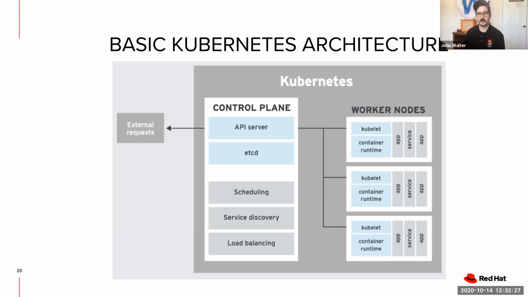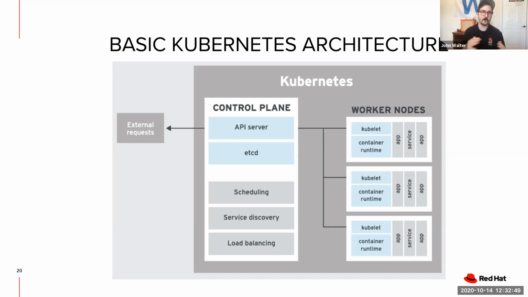On the worker node side, this is what's actually running the application or the services. There are a lot of worker nodes in a cluster. Adding new nodes is how you scale Kubernetes. Within these nodes are a few components. One is the kubelet, which is essentially a tiny application that lives on every single worker node, and it communicates back to the control plane.